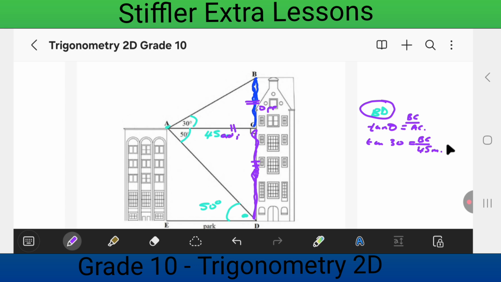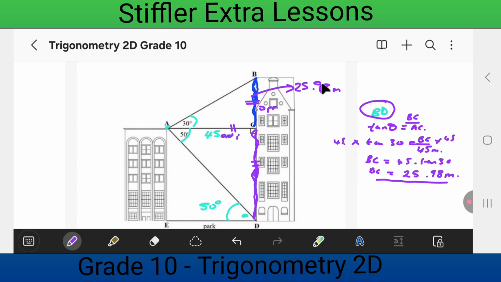Multiply both sides by 45 to get rid of 45. So BC is equivalent to 45 multiplied by tan of 30, which is 25.98 meters.